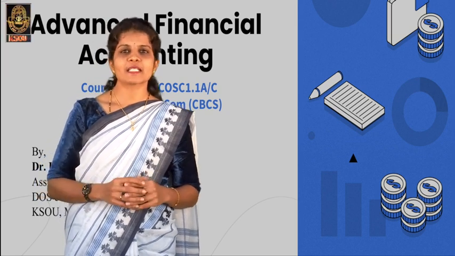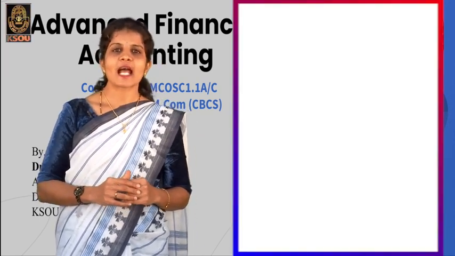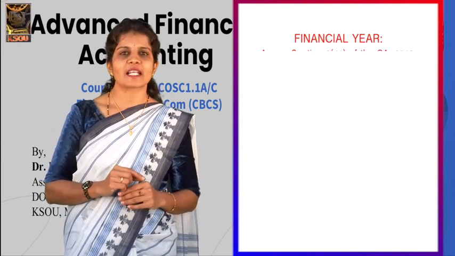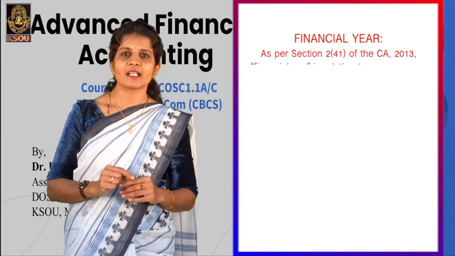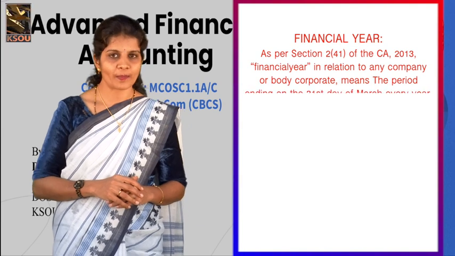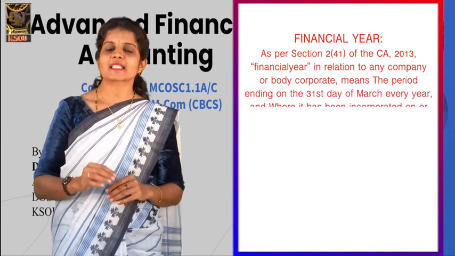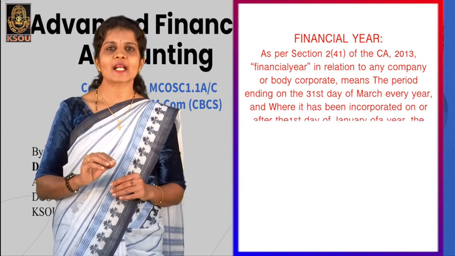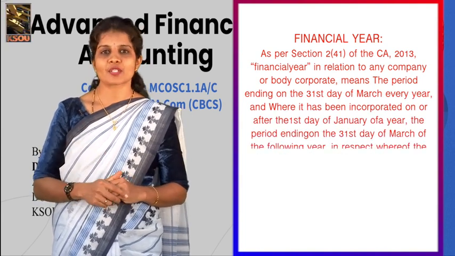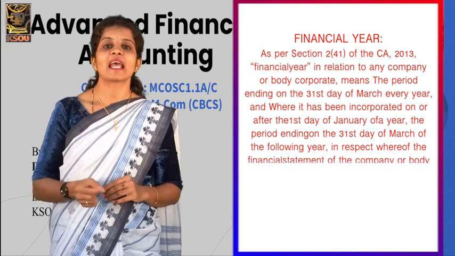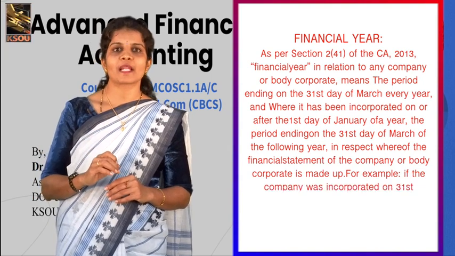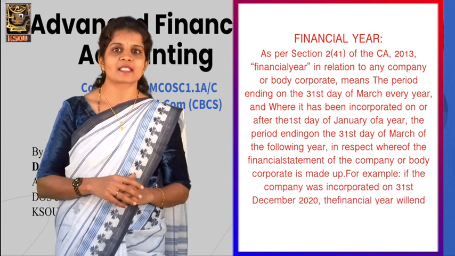As per the Companies Act of 2013, under section 2, subsection 41, financial year in relation to any company or body corporate means a period ending on the 31st day of March of every year, and it should start from the 1st of April of the previous year.